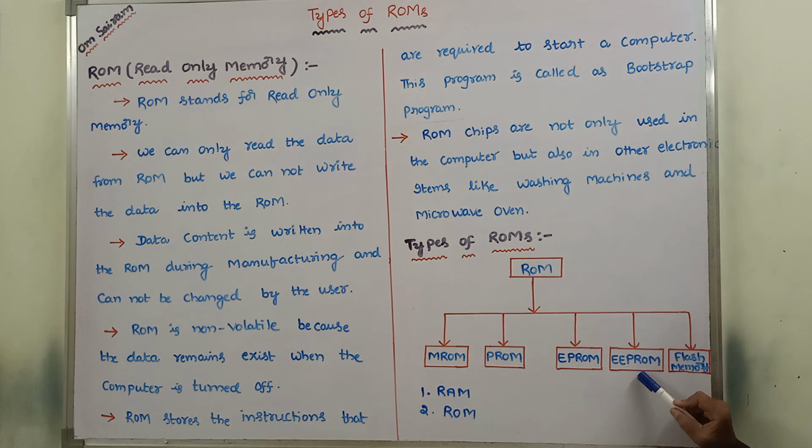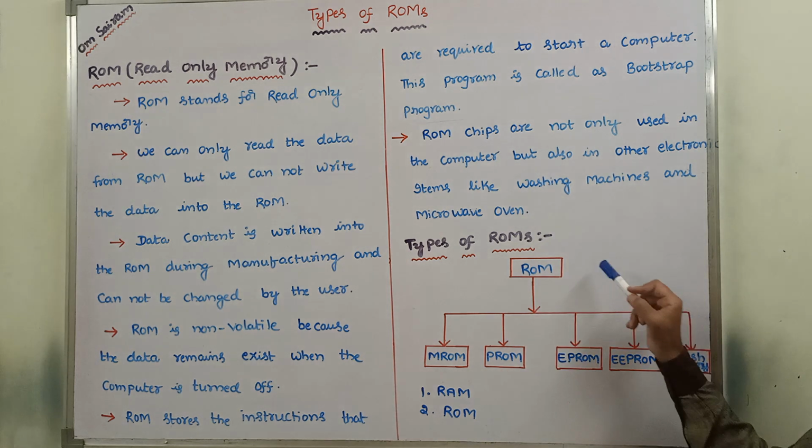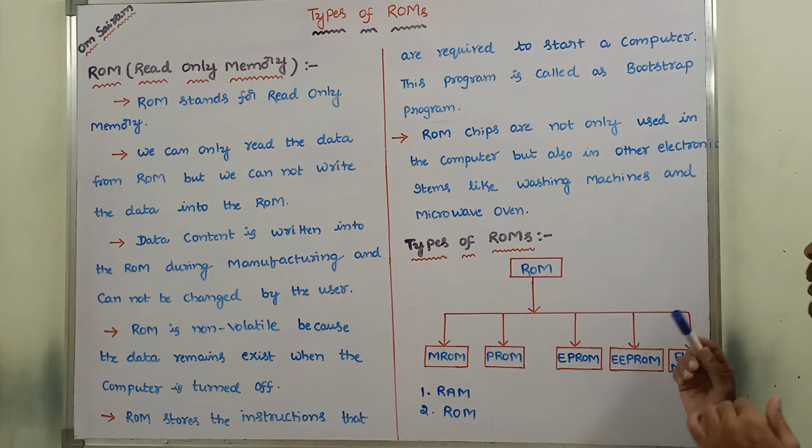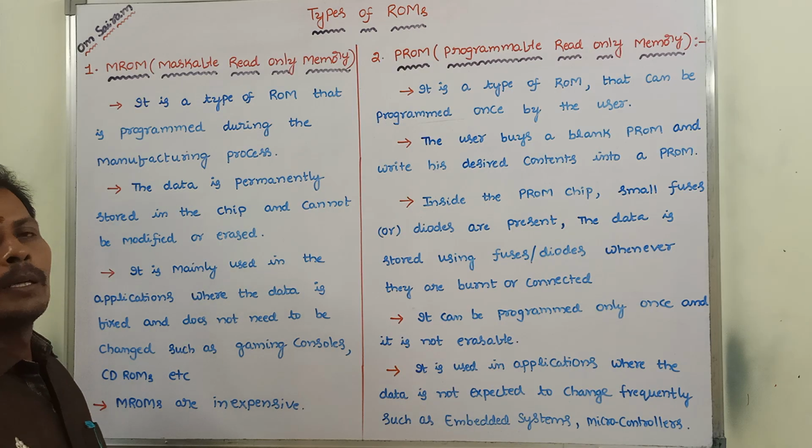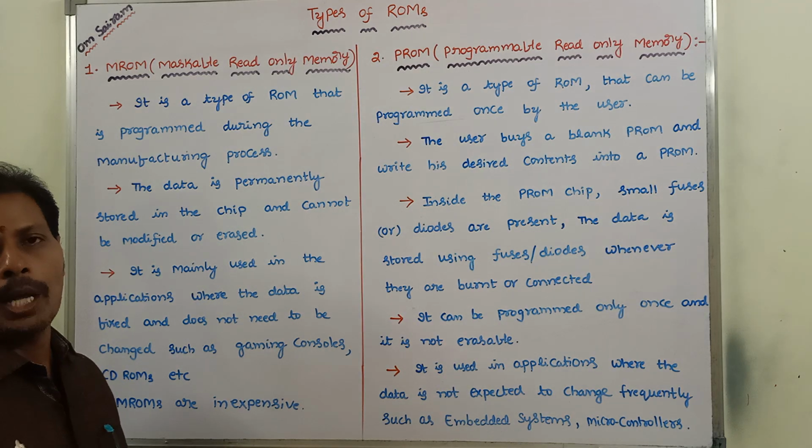Fourth one is EEPROM, that means electrically erasable programmable read-only memory. Fifth one is flash memory. So these are the 5 types of ROM. Now we can go through each and every one, and move to the explanation of the types of ROMs.